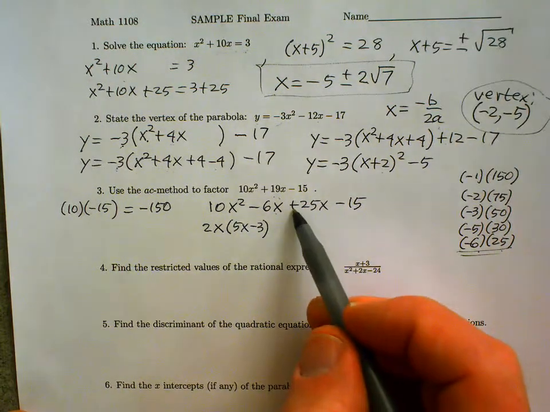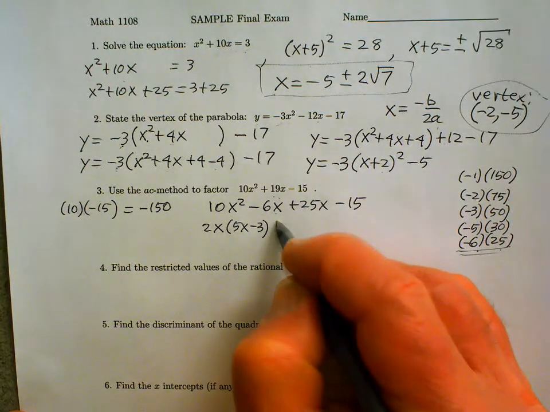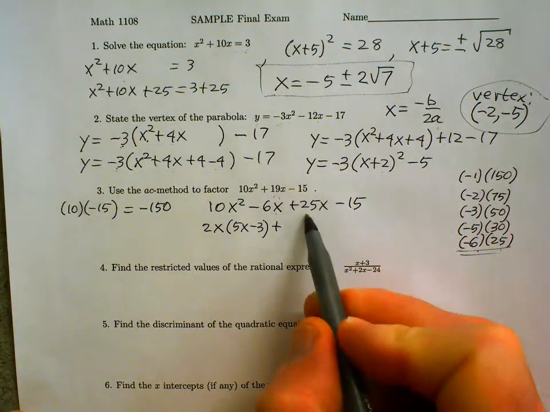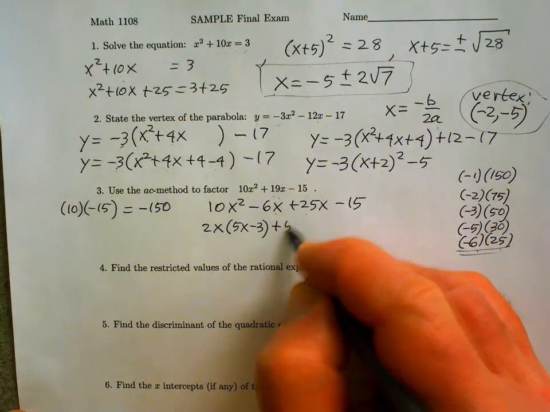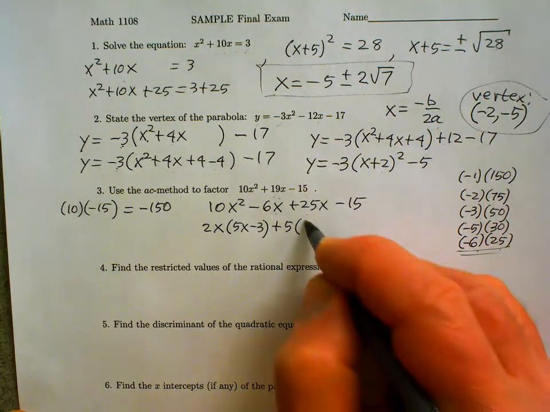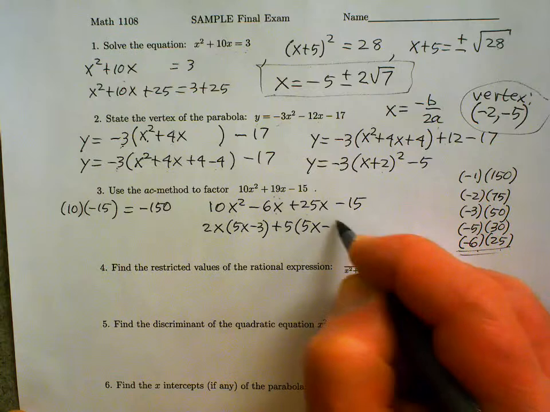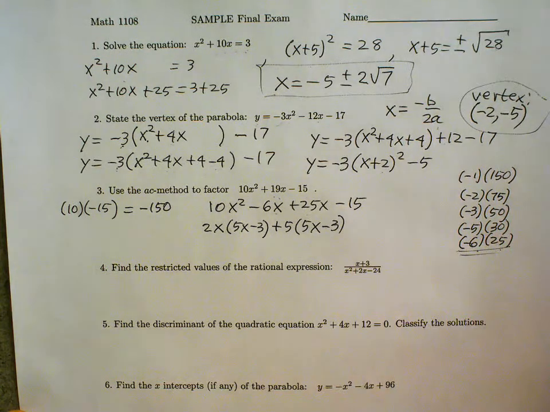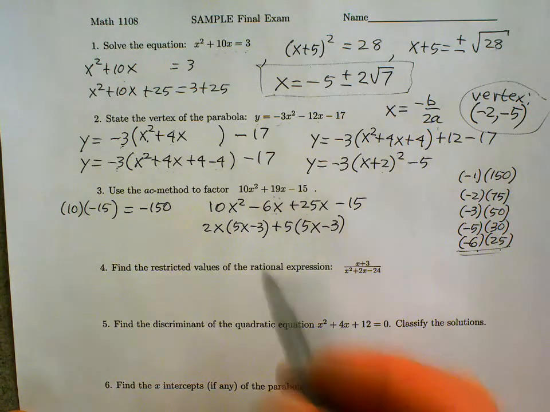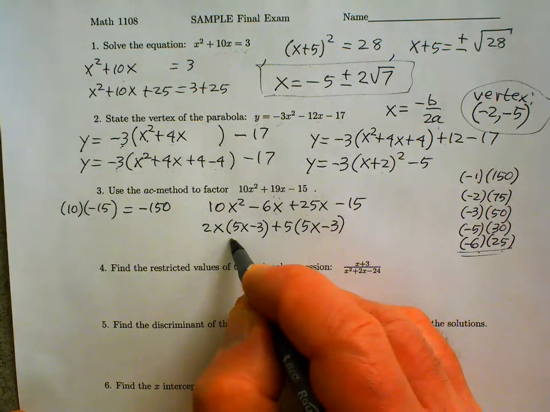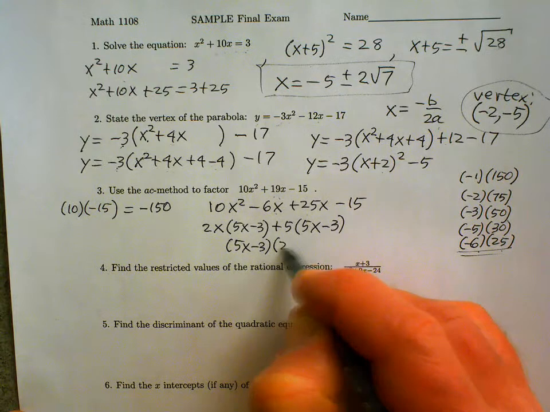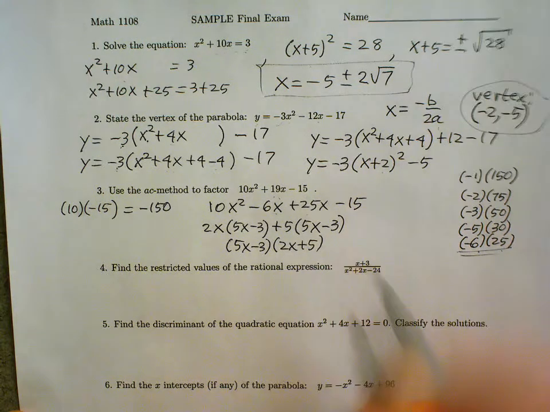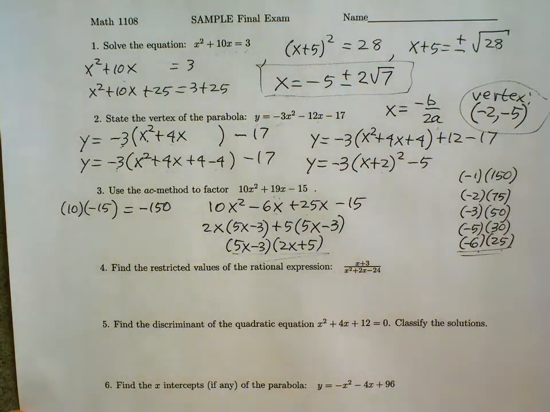Bring down the middle operator of addition. And then out of the third and fourth terms, the greatest common factor is 5. And the binomial is 5x minus 3. And then the final step, 5x minus 3 times 2x plus 5. So that is the factorization.